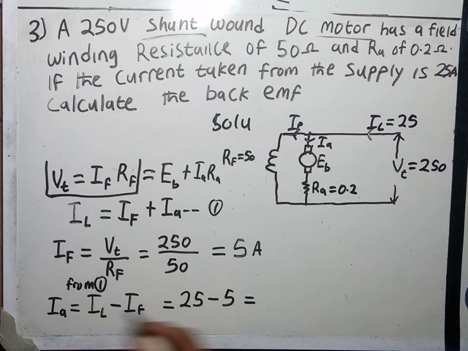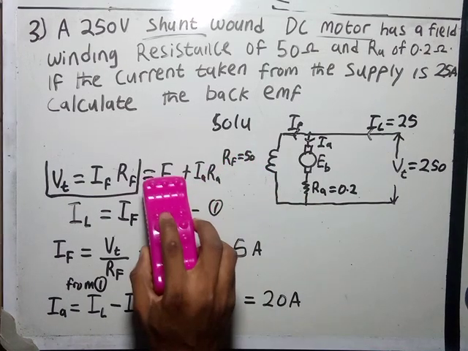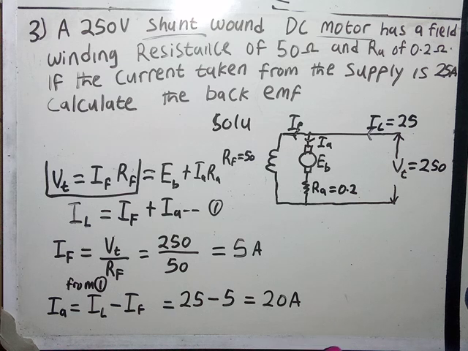Hence our armature current is 20 ampere. Since we have gotten our armature current, we can now use this formula to get our EB.